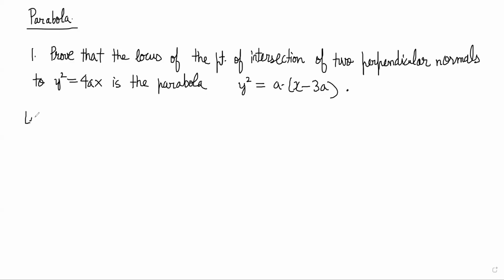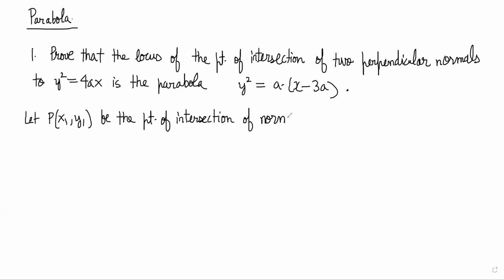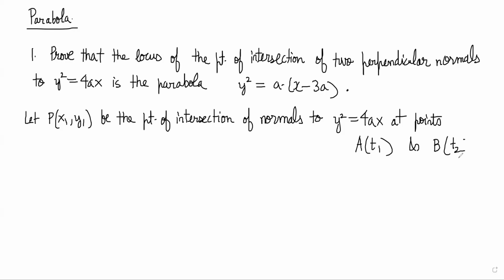So we will say, let P x1 comma y1 be the point of intersection of normals to y square is equal to 4ax at points A, which is given by the parametric form T1, and B, which is given by parametric form T2, right?